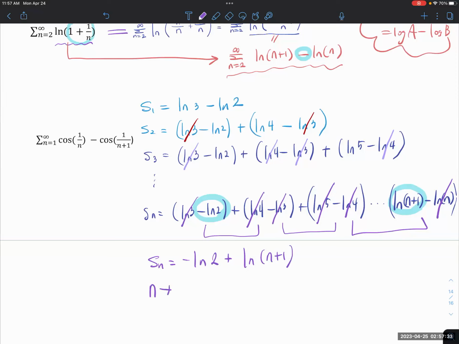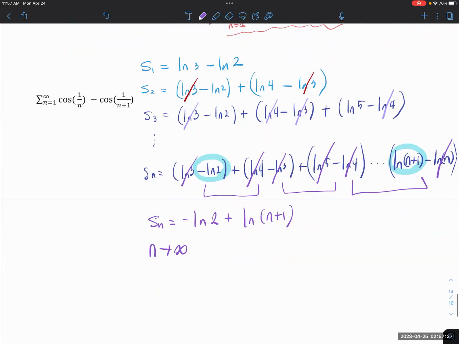Now what if n is approaching infinity? I want to know where they're actually heading to. So negative ln 2 does not change it because it's a constant, but then ln(infinity plus 1). So infinity is always infinity. So negative ln 2, and this is going to be ln infinity, that's going to be infinity. This is entirely infinity, correct?